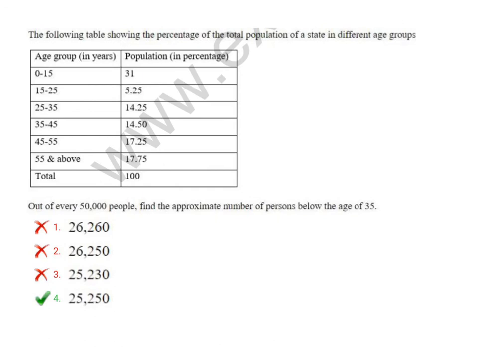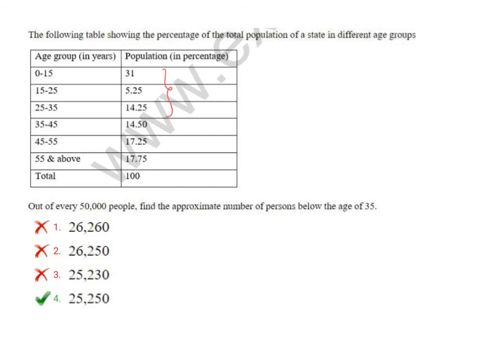Now the following table shows the percentage of the total population of the state in different age groups. He is asking, out of every 50,000 people, find the approximate number of persons below the age of 35. If you look at below the age of 35, it means the first 3 columns you have.